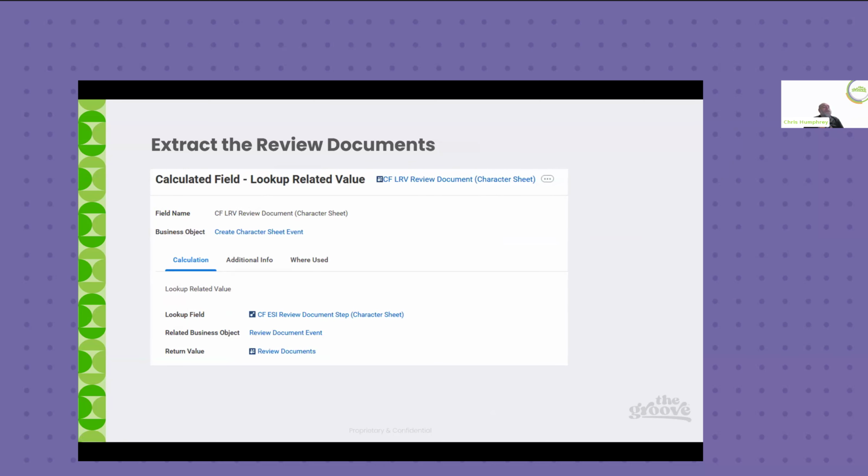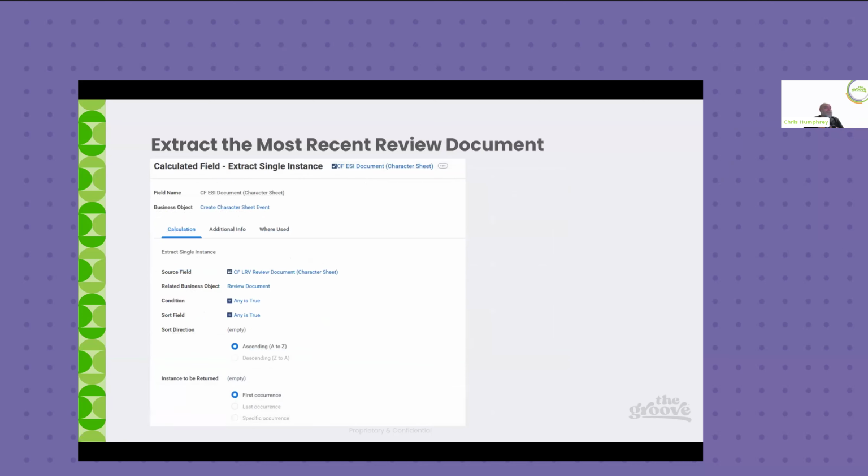We're going to pull the review documents events, it's multi-instance, from the events, the review document objects. And then from there, we're going to get a single review document, which is going to be the most recent one, right? There may be more than one. So this may be different for you. In my case, I only had one document.